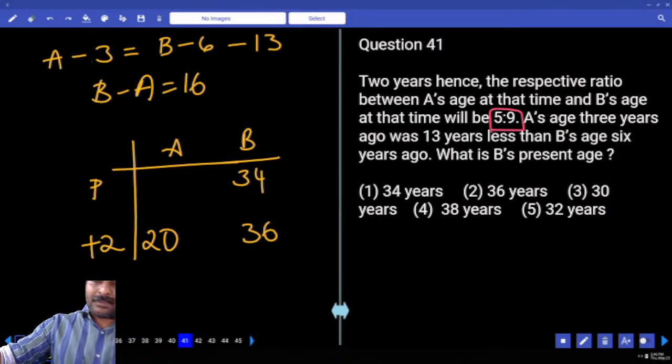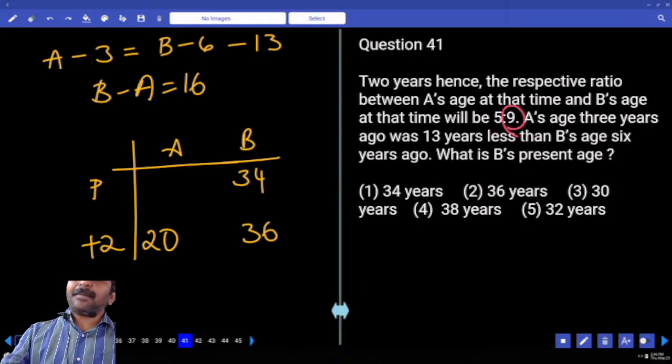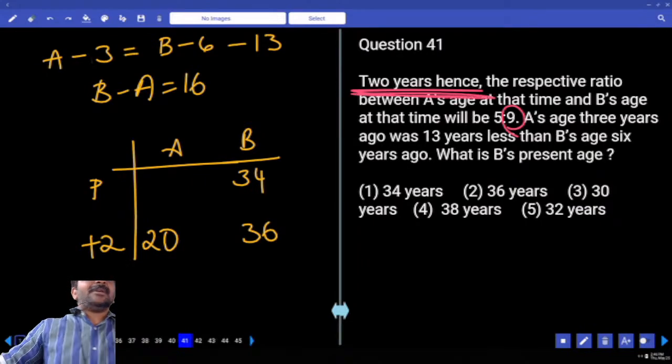Yes. The other way is, when you were asked to calculate B's age, 9 parts. When will B's age become 9 parts? When will B's age be 36 years? After 2 years. 9 parts in the sense 9 multiple, right?